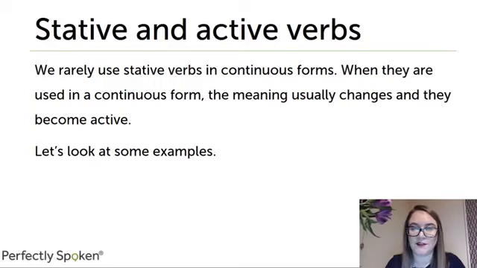Now, the interesting thing with some stative verbs is that if we use them in a continuous form, the meaning changes and they become active. Don't worry, don't feel confused. We're going to have a look at some examples together, and then I think it will become very clear what I mean. So let's have a look at some examples of this happening.